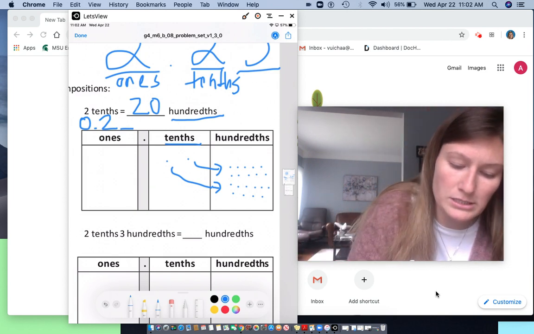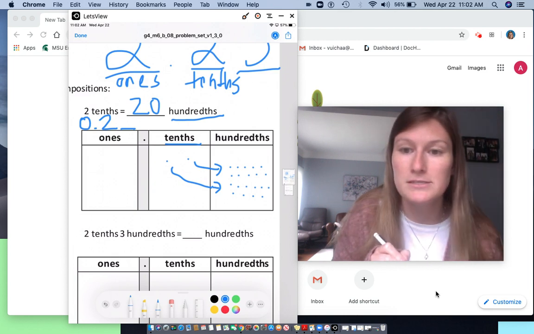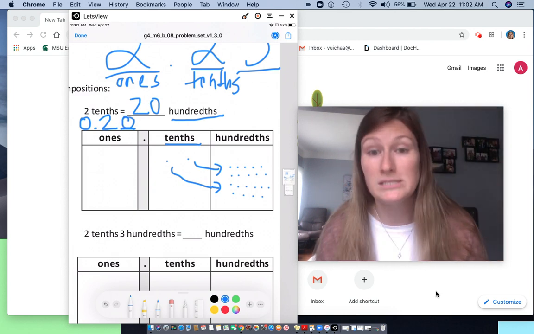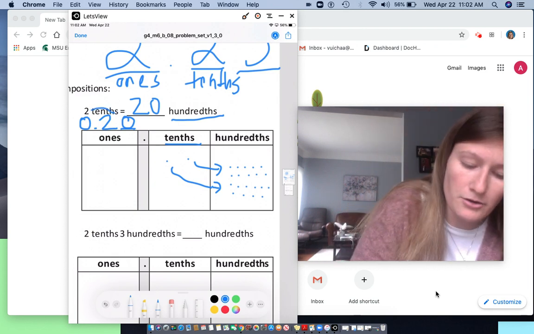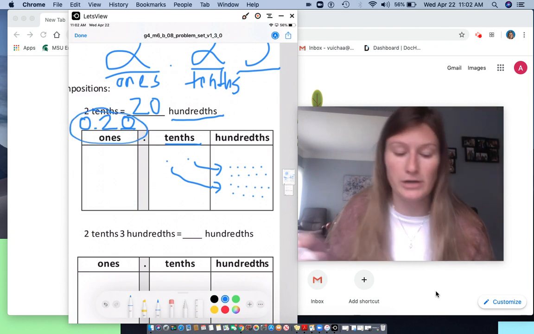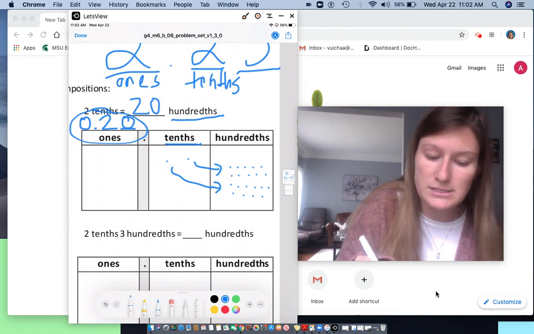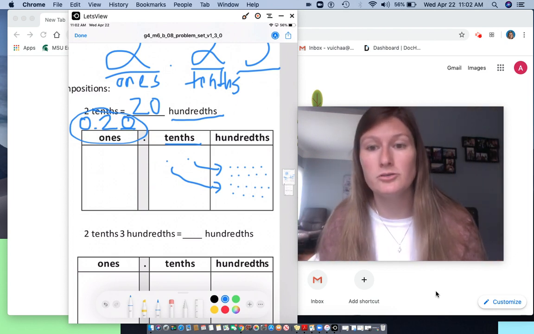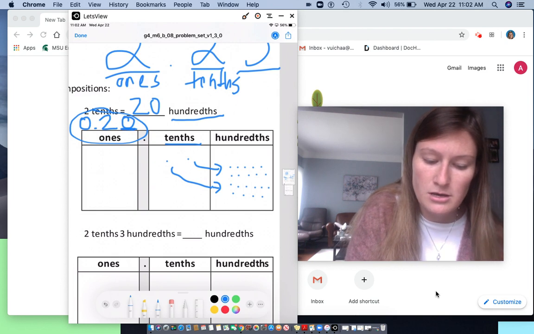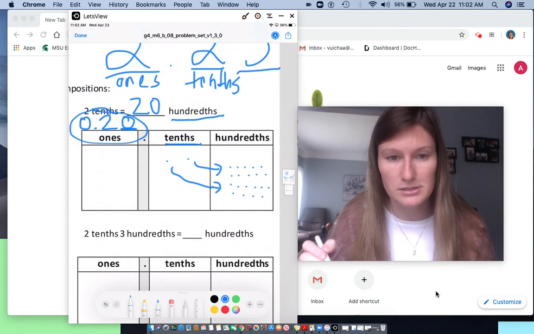What needs to go in the hundredths place? A 0. So now, how do you say this decimal? 0 and 20 hundredths. So 2/10 equals 20 hundredths by just adding that 0 in the hundredths place.